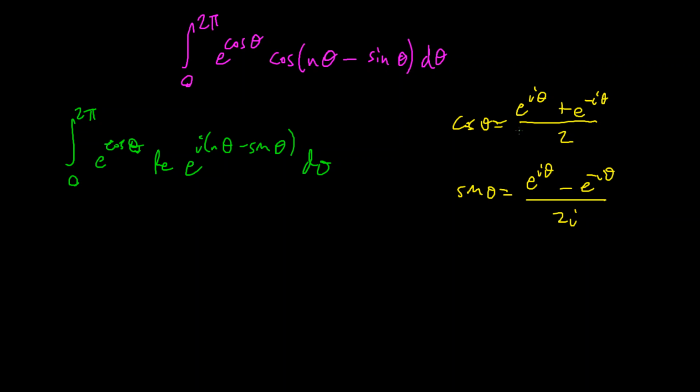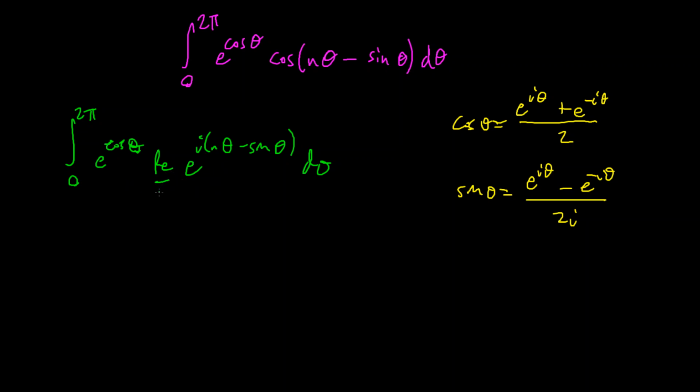I could use this definition here for this cosine, but in that case I would have to distribute the two exponential functions and evaluate two integrals, so it would end up being more work. By using this, I keep it to just one integral.